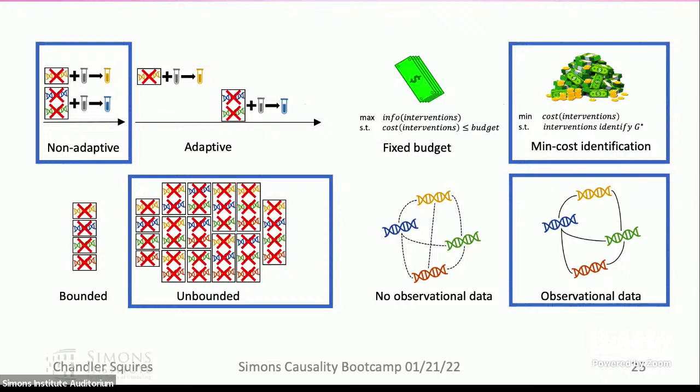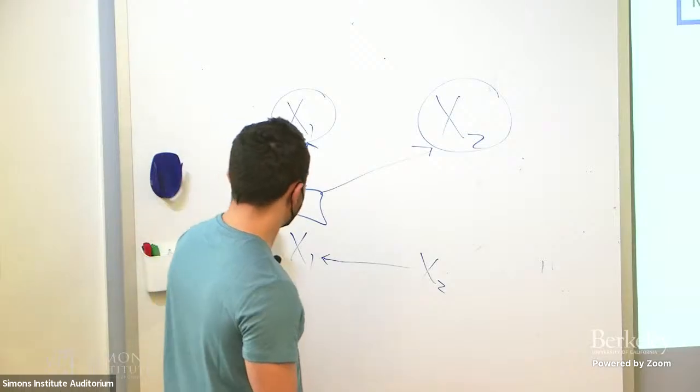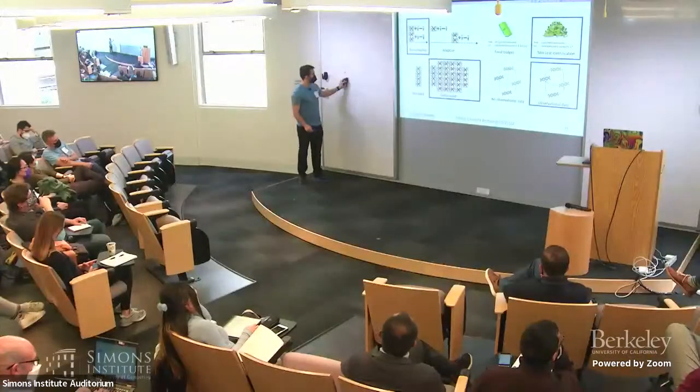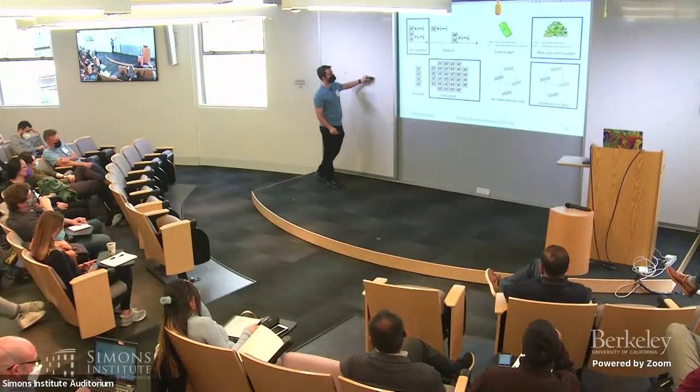Cool. So now from here on out, we'll be in settings with observational data. Any questions before I move to that about these settings without observational data? Sorry, your essential graph, that's what you call it, right? Yeah.